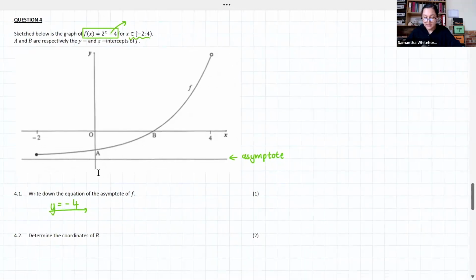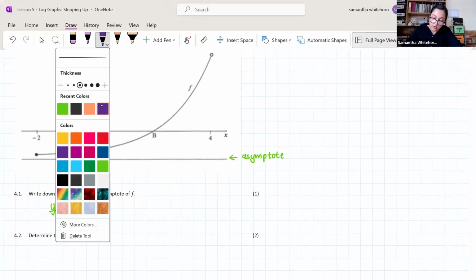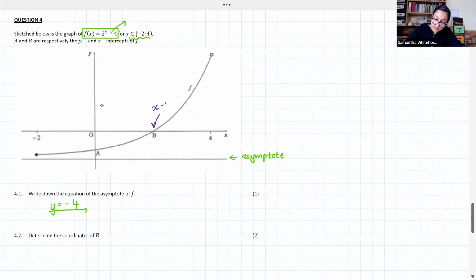4.2 is saying determine the coordinates of b. Now, if you read the information or if you just look at the graph, b is your x-intercept. X-intercept is where y is equal to 0. So I'm going to give you 2 minutes.